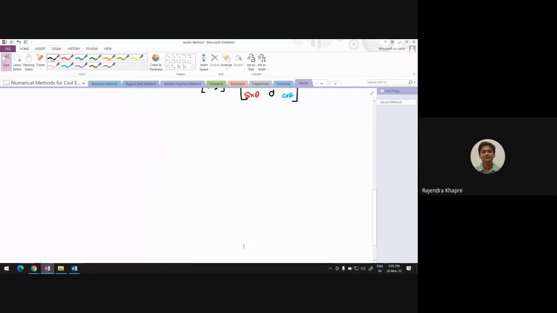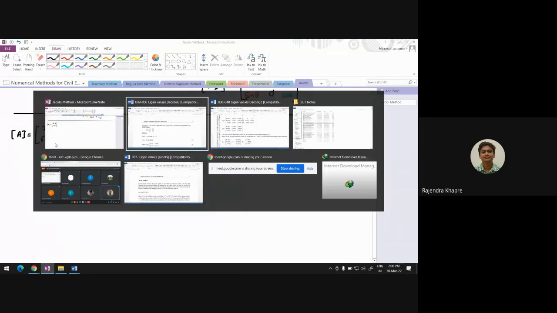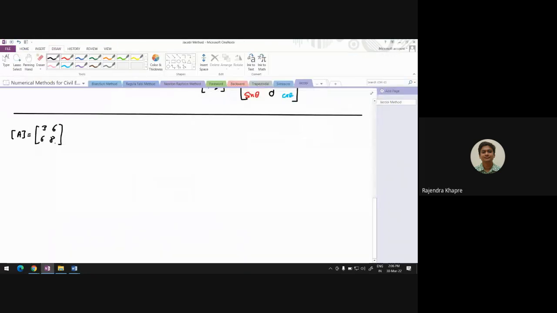Let me draw a straight line, and I have a matrix which is 3 6 6 and 8. Is it so? Yes. Now I want everybody to do the calculations also. In this case, what exactly are we trying to do?